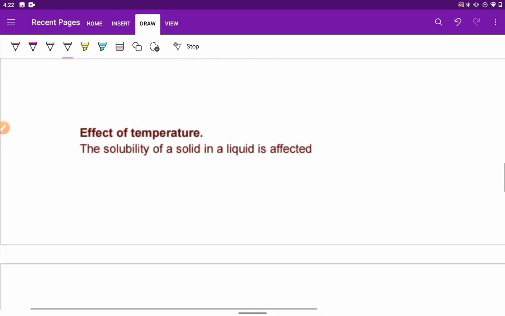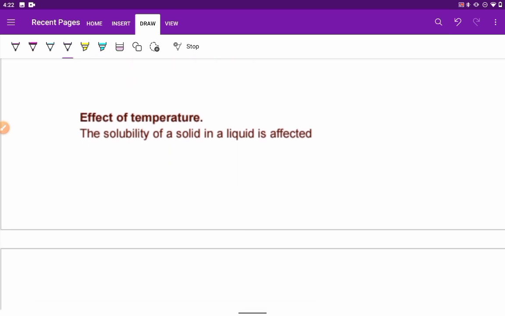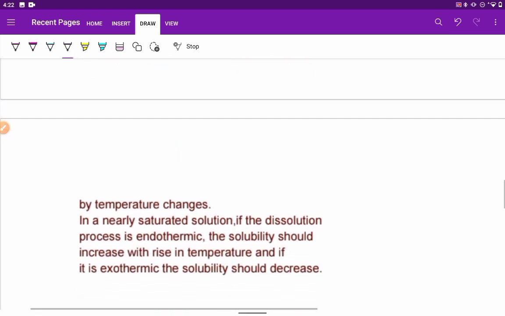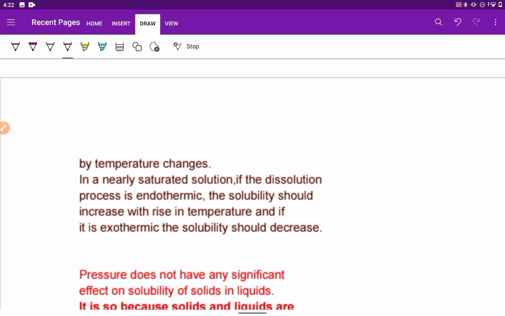Next we see effect of temperature. Now the solubility. When a solid is getting dissolved in a liquid, the solubility is affected by temperature changes. If it is a nearly saturated solution and the dissolution process is endothermic, then the solubility should increase with rise in temperature, because it will follow Le Chatelier's principle.